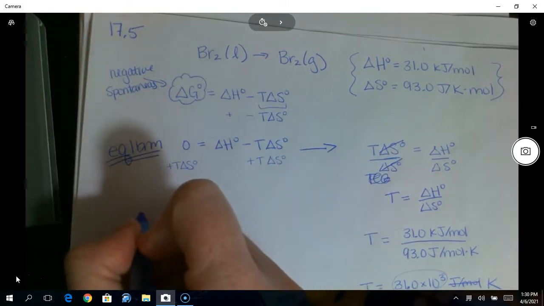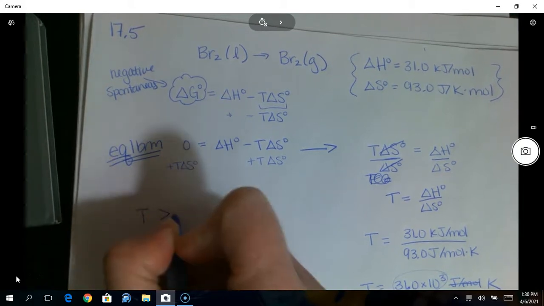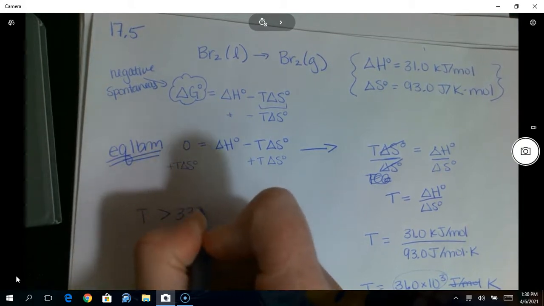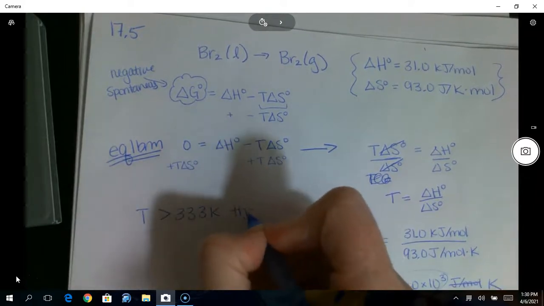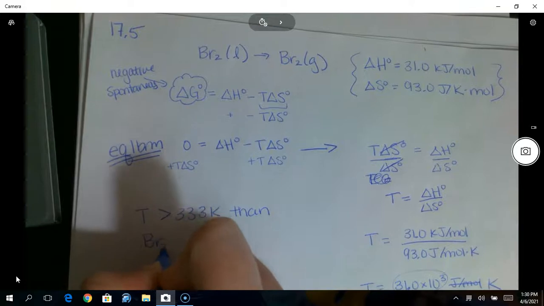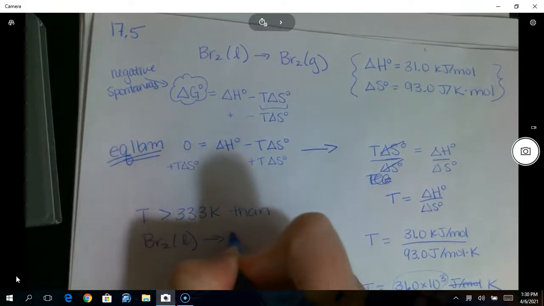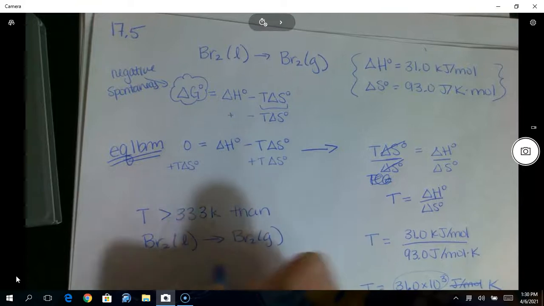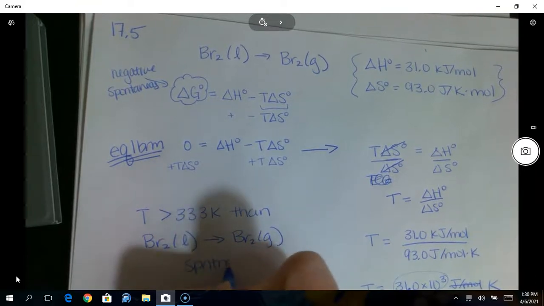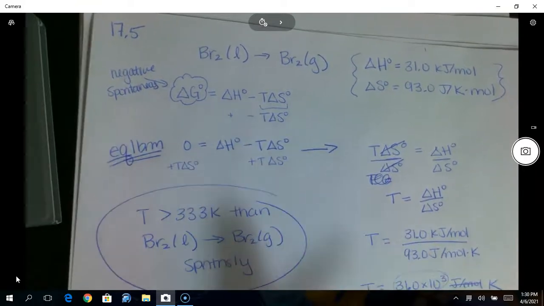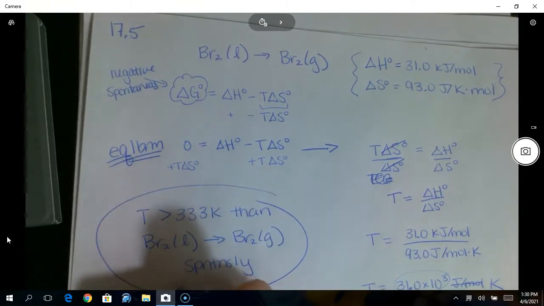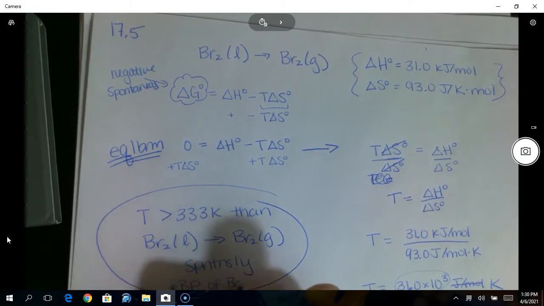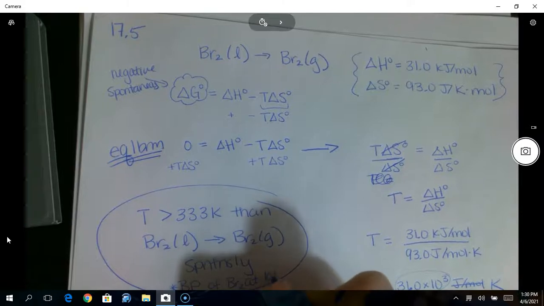So I can say when temperature is greater than, but not equal to, 333 kelvins, then my bromine liquid will convert to bromine gas spontaneously. You'll find this is the boiling point of Br2 at 1 atm.